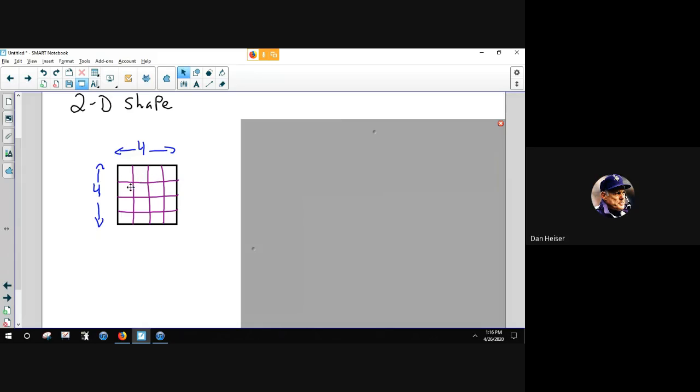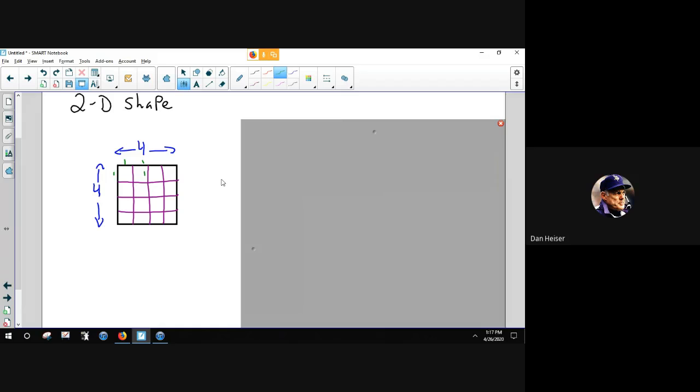Each of these squares is 1 unit by 1 unit, hence the name unit square. So this little tiny square here is 1 by 1, this is 1 by 1, and so on throughout the whole picture. And this is one way to find area. You take a polygon or take a shape and you split it into all these unit squares, and then you count the squares.